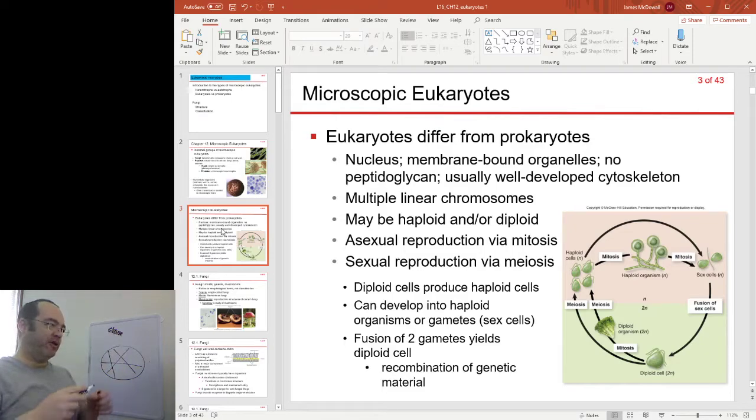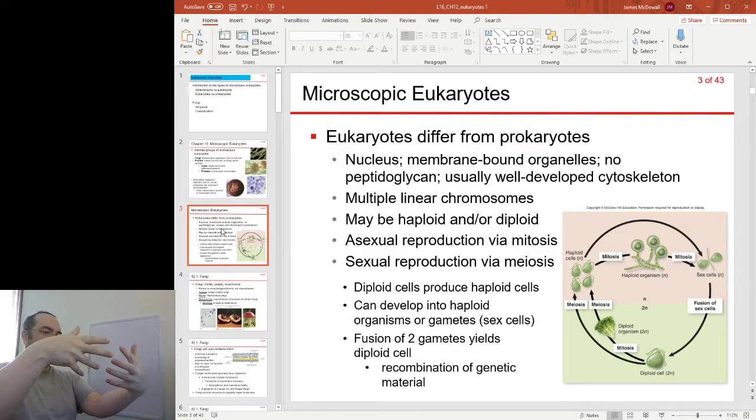Not a particularly great drawing, but there we go. Only eukaryotes are known to have microtubules in their cells. Now, you may have heard of microtubules before in regard to cell division, mitosis and meiosis. It's microtubules that come in and grab hold of the chromosomes and then pull the chromosomes apart.